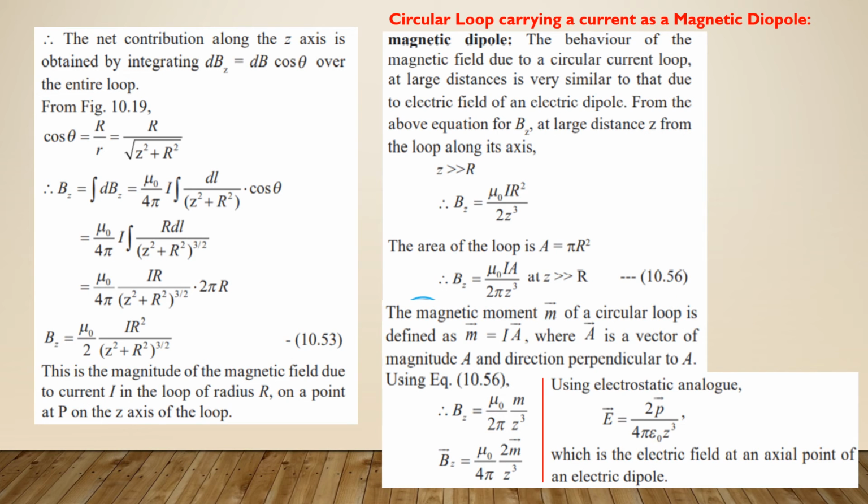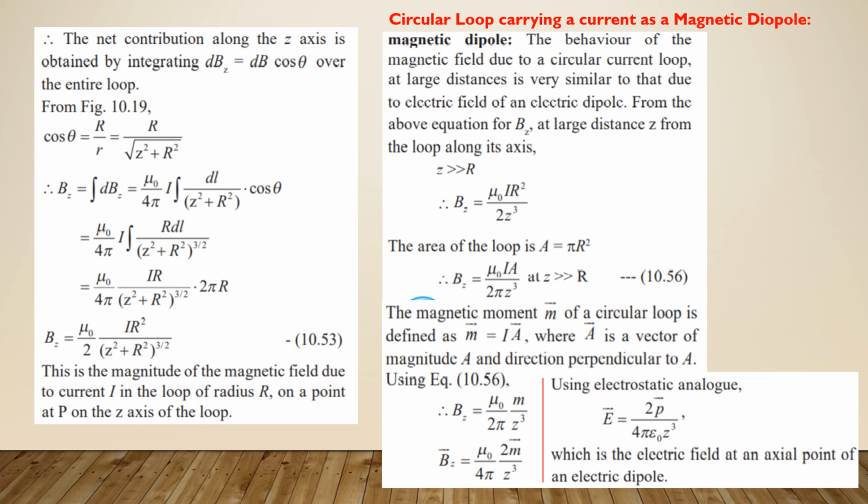Thus, the net magnetic induction at the axial point P can be obtained as a resultant of all the differential components along z-axis. That is, B is equal to integral dB cos theta. From figure, cos theta is equal to R upon r, which is equal to R upon under root z square plus R square.